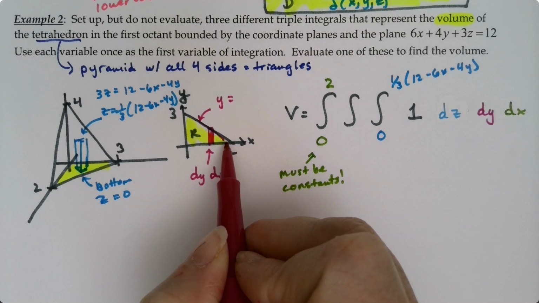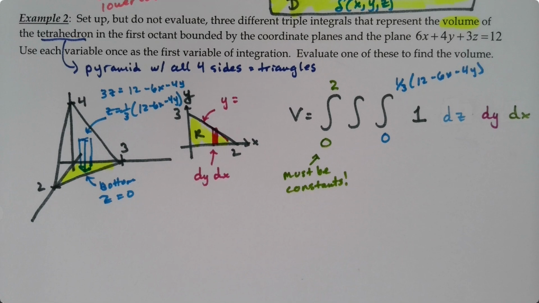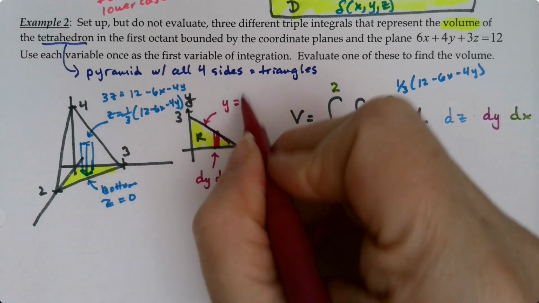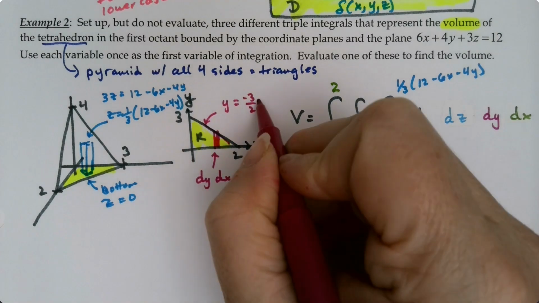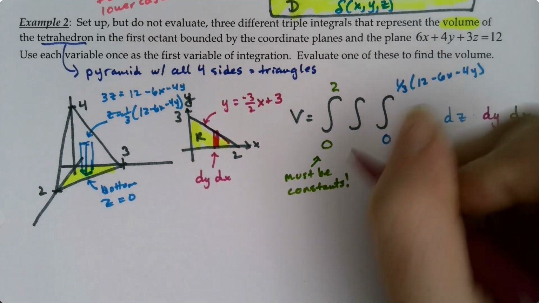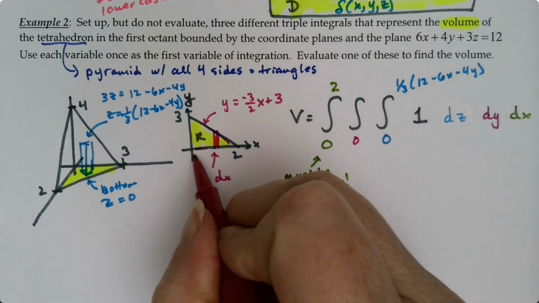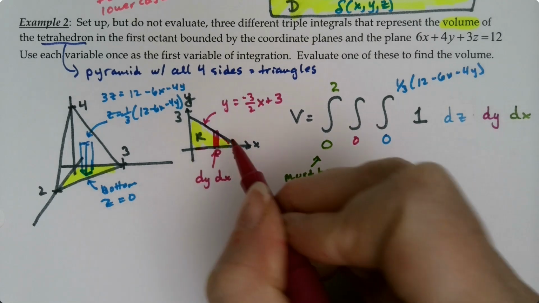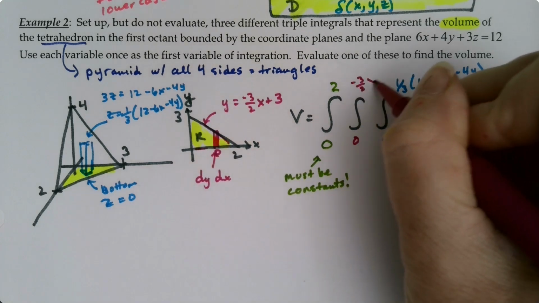I remember how to find the equation of a line from algebra class. Slope is rise over run, so -3/2 x plus 3. And it's starting, of course, at 0. So it's going from 0 up to that diagonal line, negative 3 halves x plus 3.